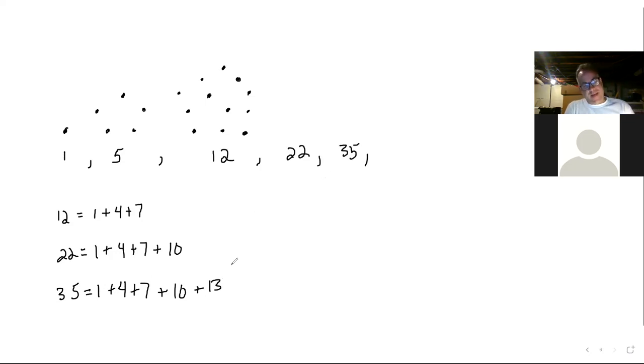So it's adding up consecutive numbers starting at 1, consecutive by gaps of 3. And as you might have suspected, these are referred to as the pentagonal numbers.